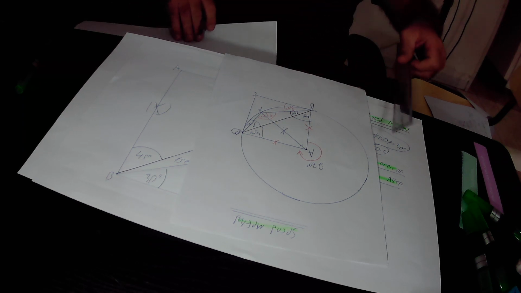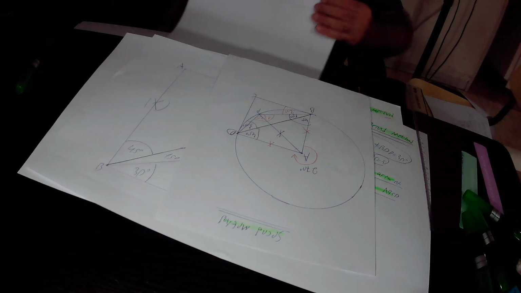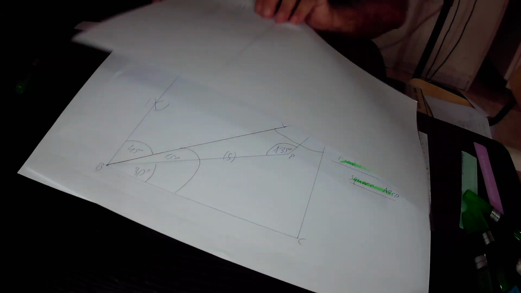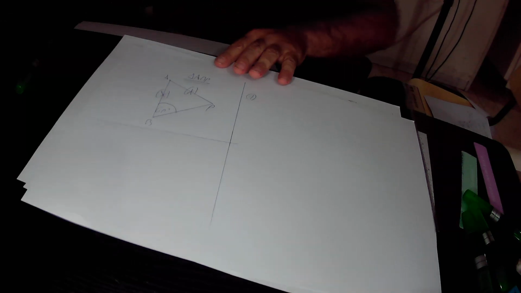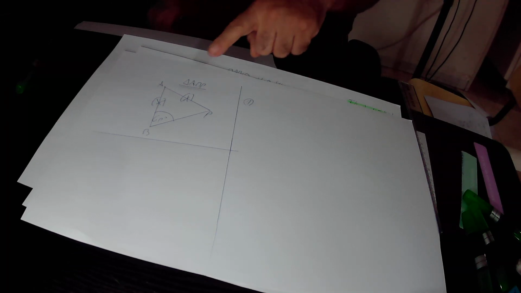Actually, this is triangle ABP, this is a comment from the original drawing. Angle ABP equals 60 degrees in size.